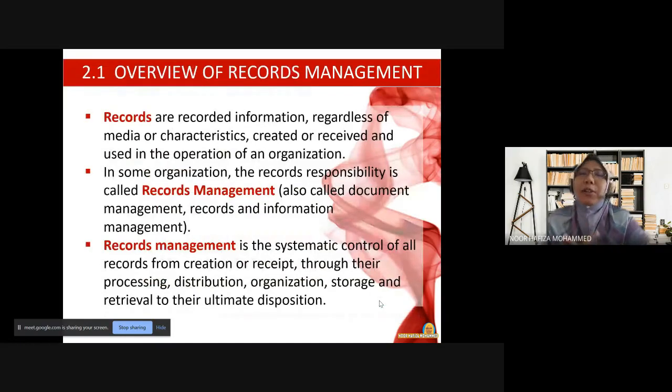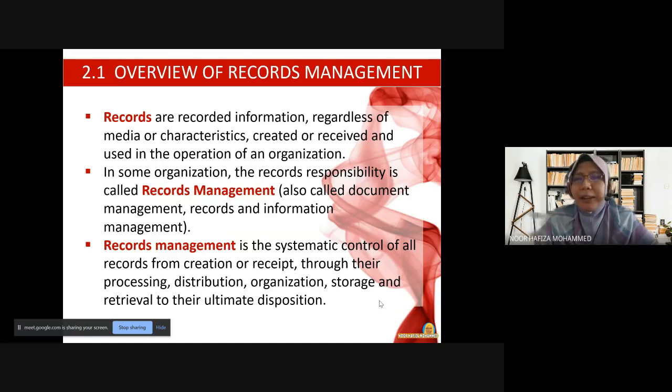Okay, so now let's recap again. What is the definition of records? Records are recorded information, regardless of media or characteristic, created or received and used in the operation of an organization. In some organizations, the records responsibility is called records management, also called document management, or records and information management.